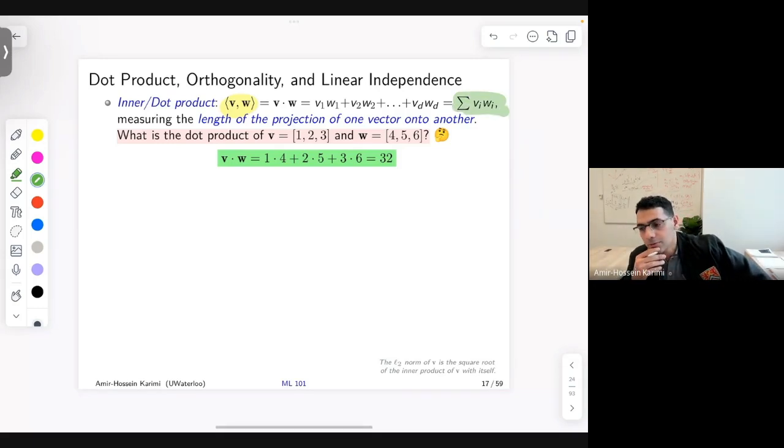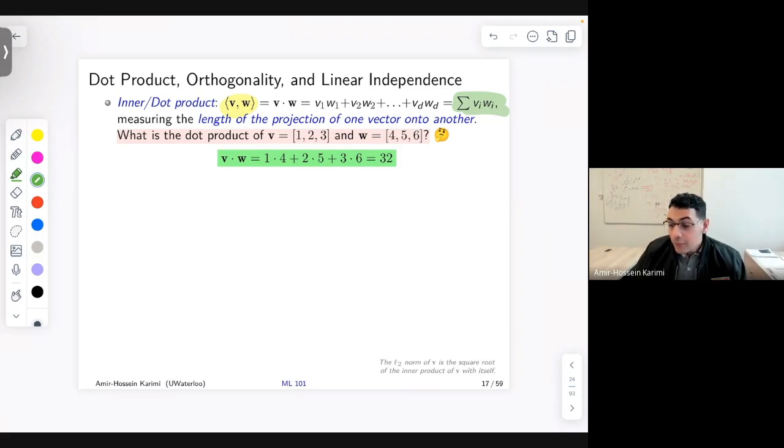Now this measured not the length of one vector, but the length of the projection of one vector onto another. Right? So if I have, for instance, two vectors, 1, 2, 3, and 4, 5, and 6, of course, this is a three-dimensional space, then I can write down the inner product, which corresponds to the projection of one onto the other, and it's symmetric, or the projection of the other onto the one, and it gives me, in this case, the value that you see on the slide.